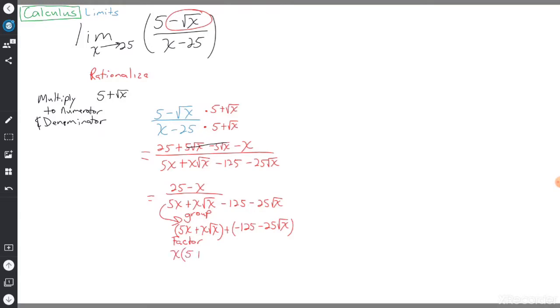That leaves us with 5 plus square root of x. Then for the other group, we can factor out a 25. Since the first term is negative, we factor out a negative 25, which changes the signs on the inside.